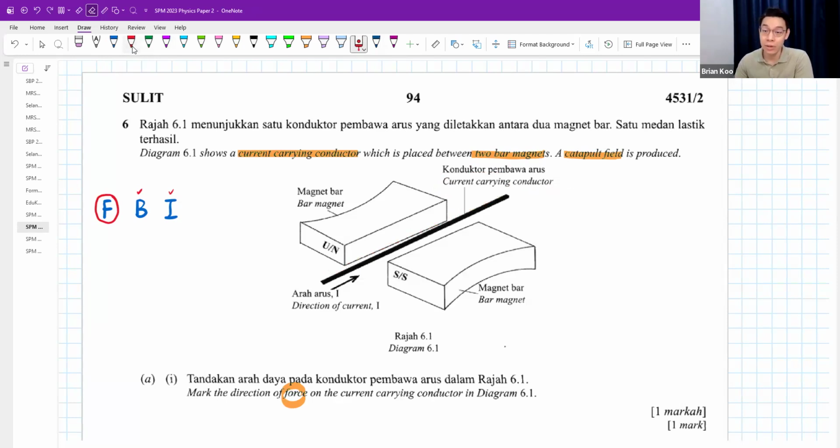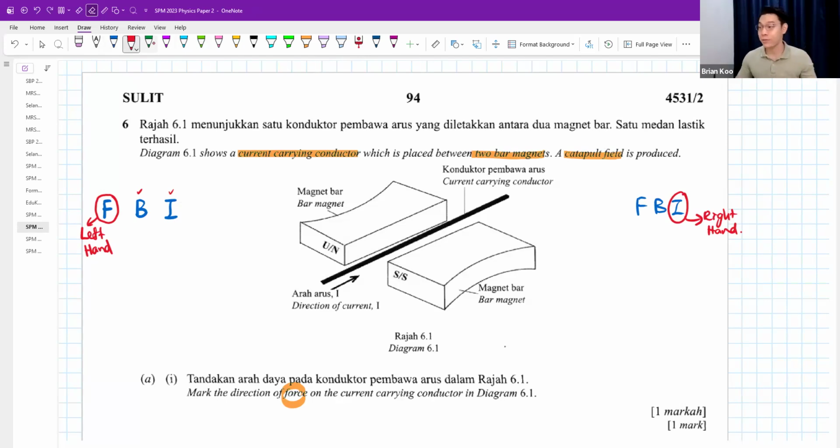So if you're looking for F, and F is on the left side, then you use your left hand. If let's say you're looking for current, then you use your right hand. This is how you decide.